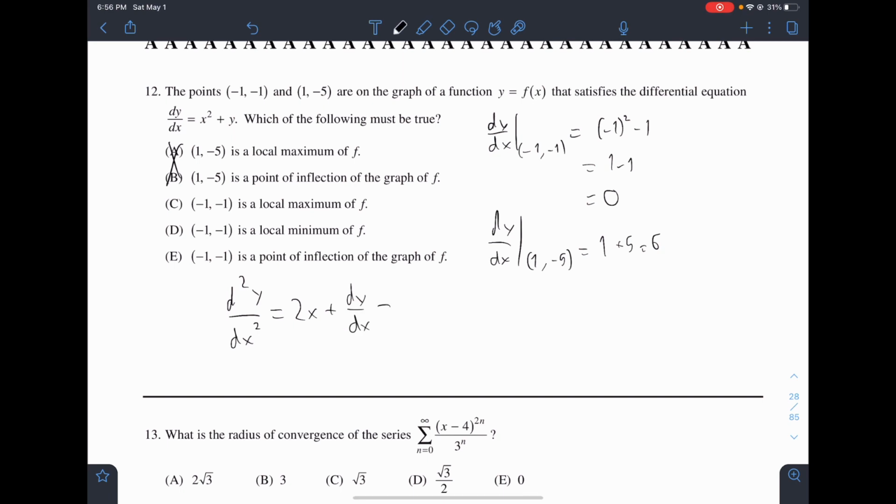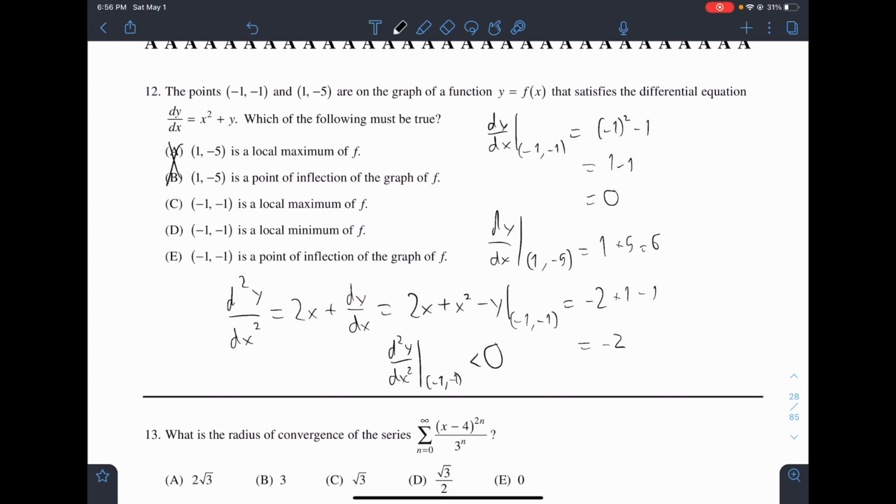But we know what dy dx is from the problem, so this equals 2x plus x squared minus y. Now we need to find this at -1, -1. So this will equal -2 plus 1 minus 1, which equals -2.